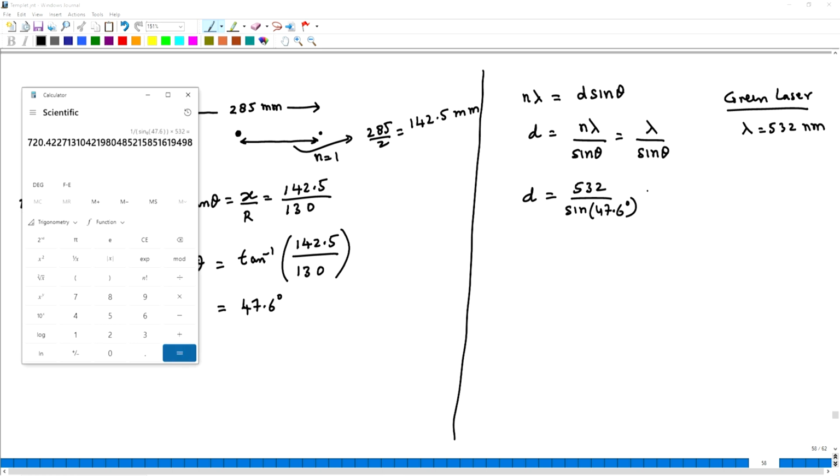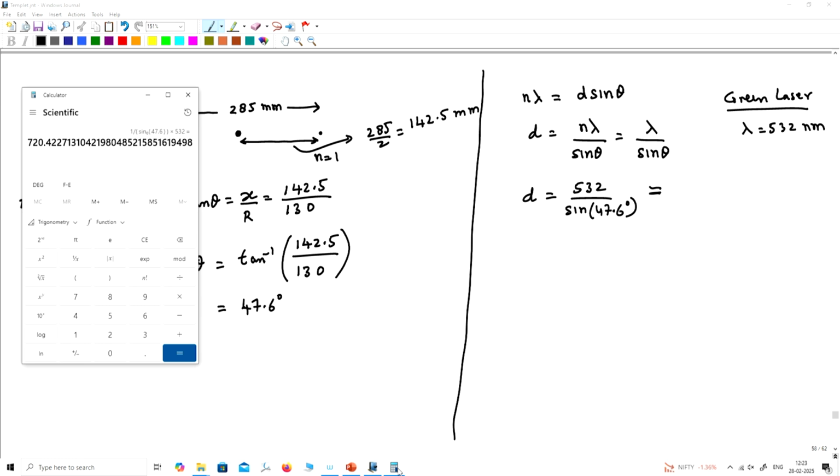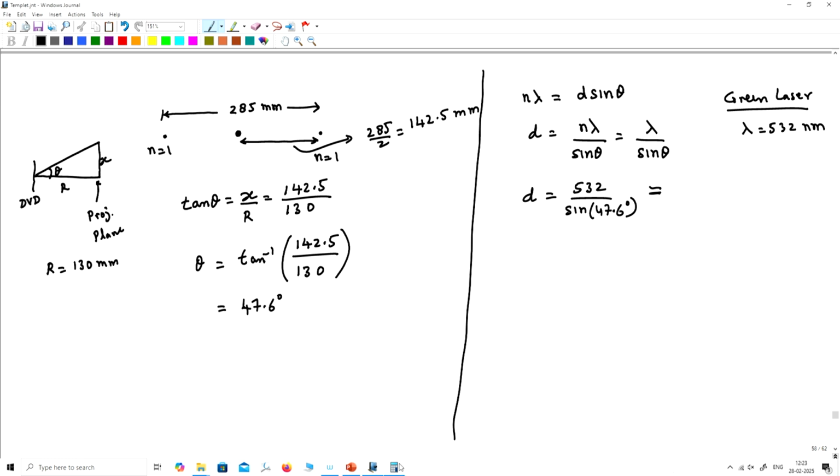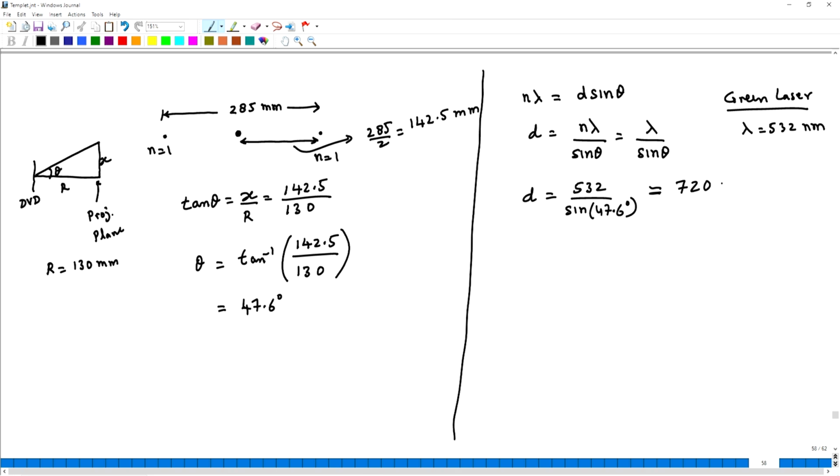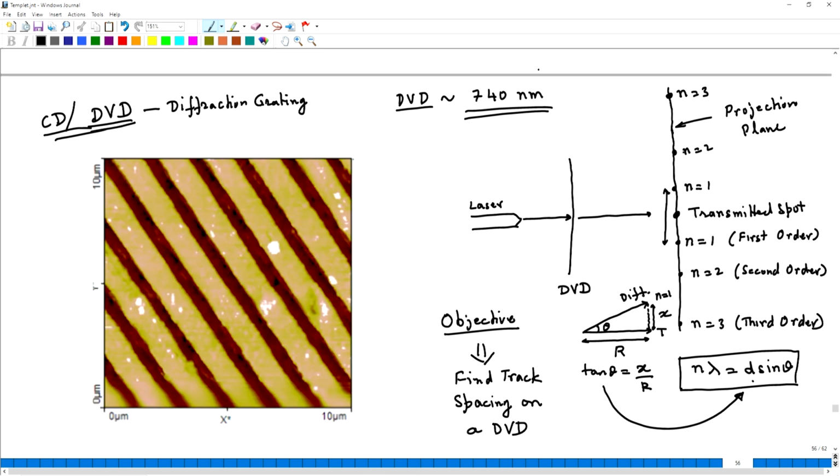This essentially gives me a value of about 720 nanometers. Now, we can compare this with the specification for a DVD, that the spacing should be around 740 nanometers.